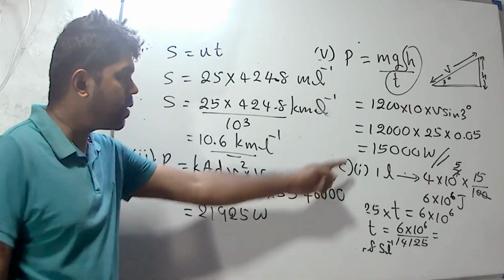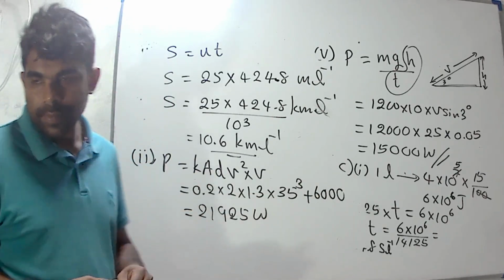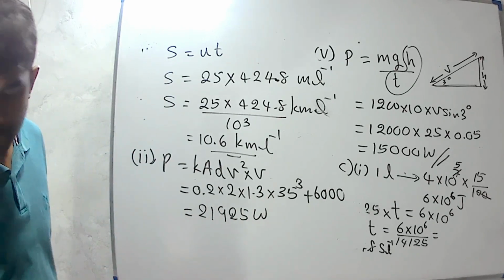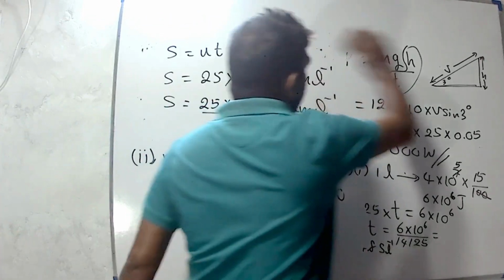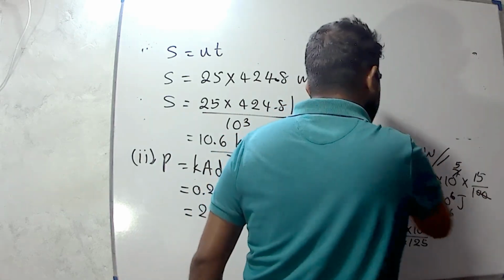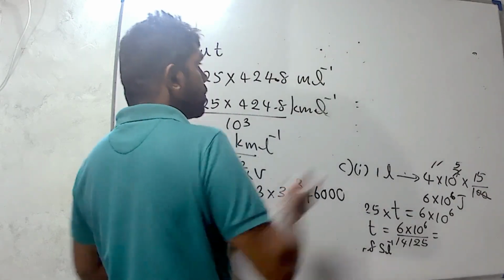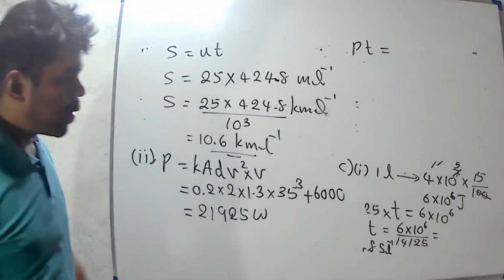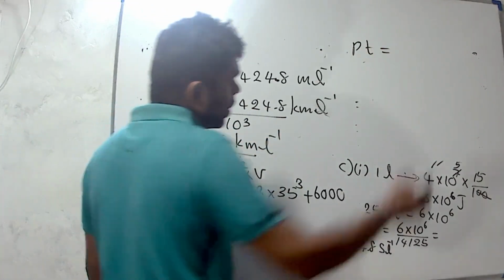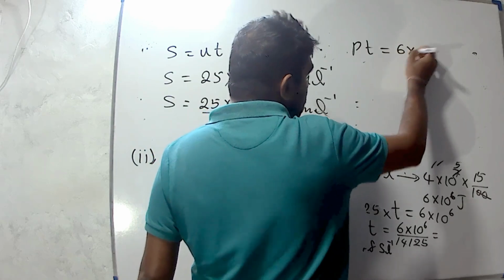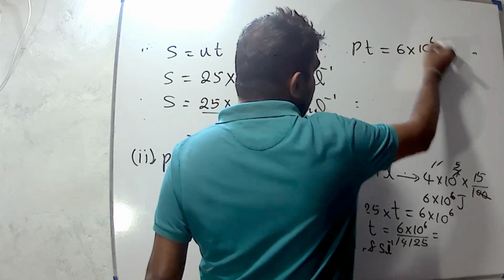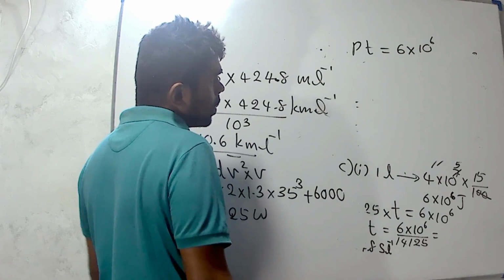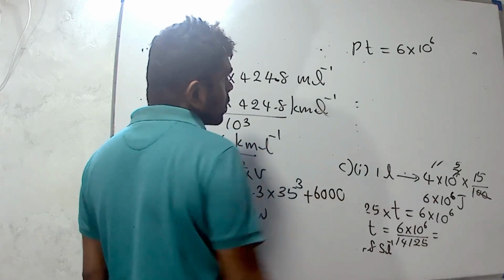Then we can use this method to find the fuel efficiency. Now power into time is the work done. It should be equal to the effective energy released by 1 petrol liter, 6 into 10 to the power 6.